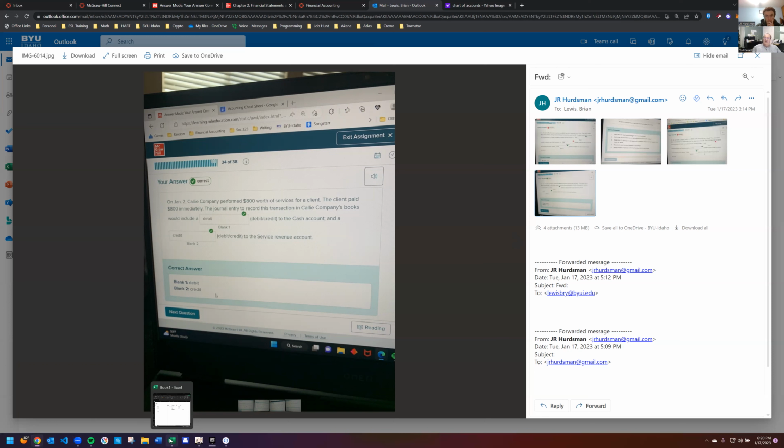Well, AED could also stand for assets, expenses, and dividends. Those three things all have debit normal balances.